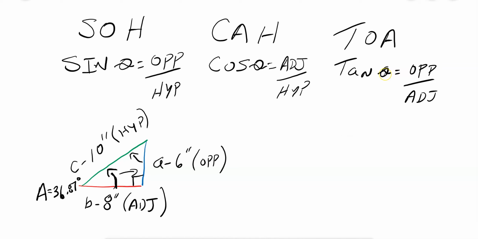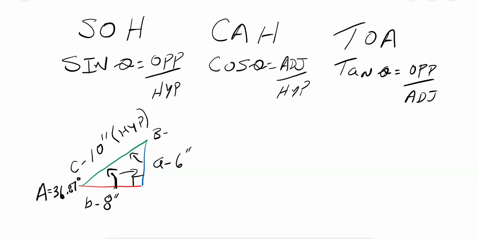So now if we're trying to find angle B, we can use any number of trig functions. I personally am going to go with tan here. Why? Because we've already used the other two. By using tan and trying to look for this angle here, it's going to change our opposite and adjacent side.